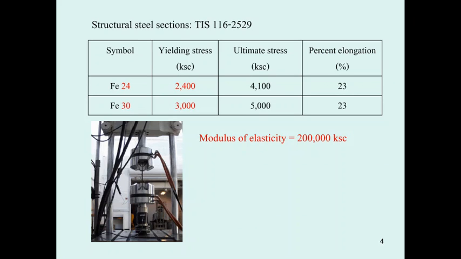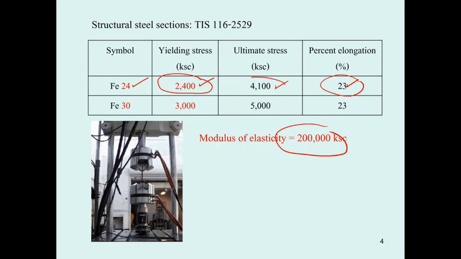This is an example of a structural steel section. It may be Fe24 or Fe30, and as I mentioned, the Fe24 must have yielding stress at least more than this and ultimate stress at least more than this. This indicates the strength, this indicates the ductility of the material, and this indicates the stiffness.